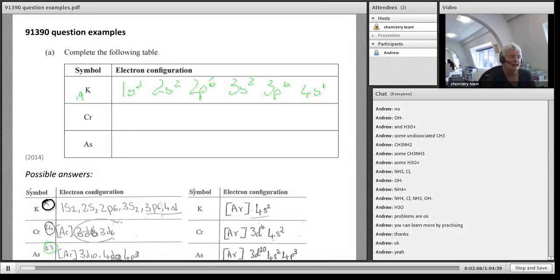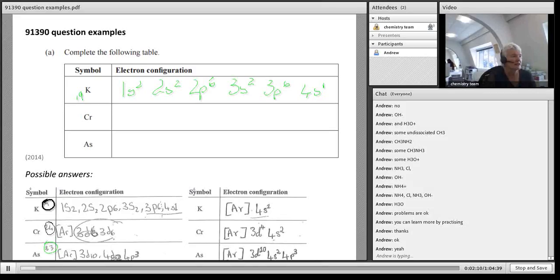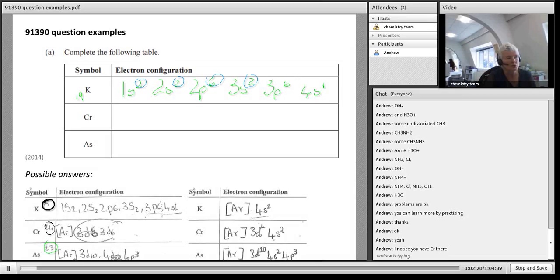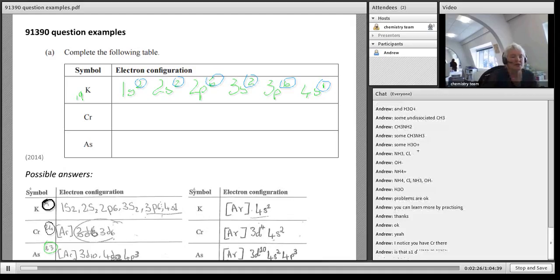Okay, and so a good check is then to just count, and if I use a different color now, count up these numbers and see, do they add up to what I'm supposed to have? Yes, and you've got the chromium. Now there'll always be, from what I've seen, one trick question, for want of a better word.